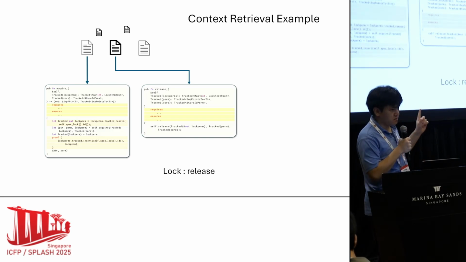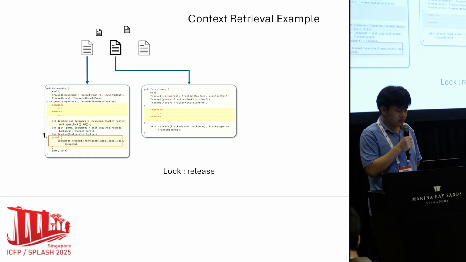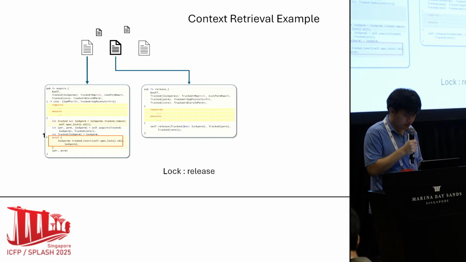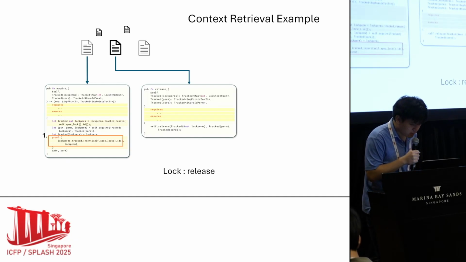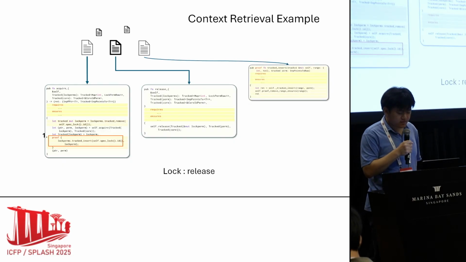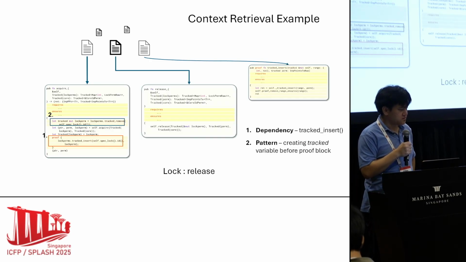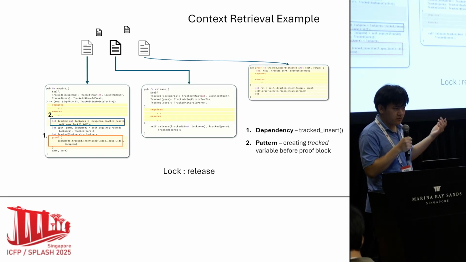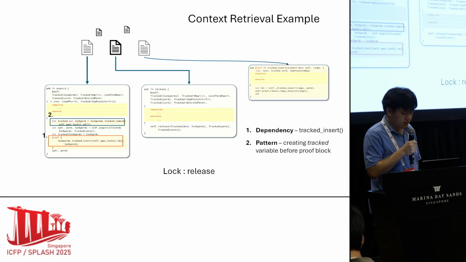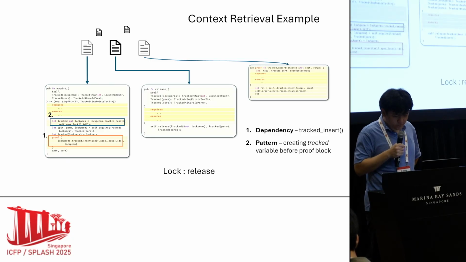So this is the lock acquire. We can notice that within the acquire function's proof, it uses some dependencies, such as this one called tracked insert, which is a helper function it uses. And secondly, we also notice it uses the practice of declaring a ghost helper variable before doing the proof assertion command.